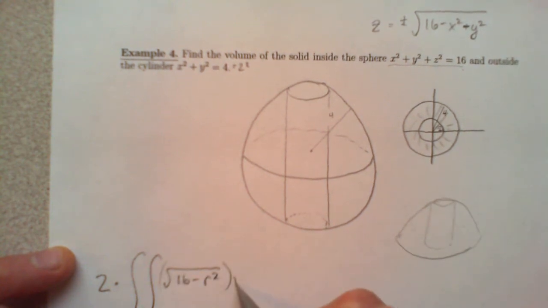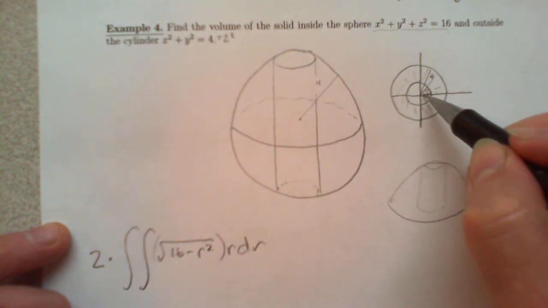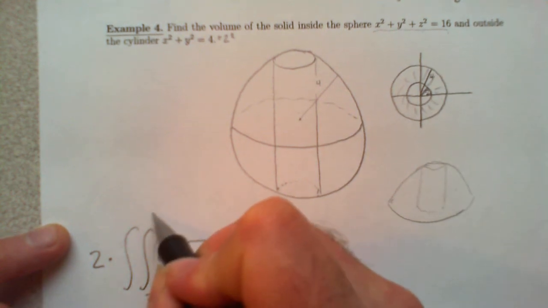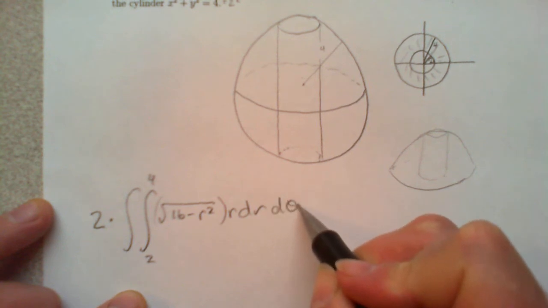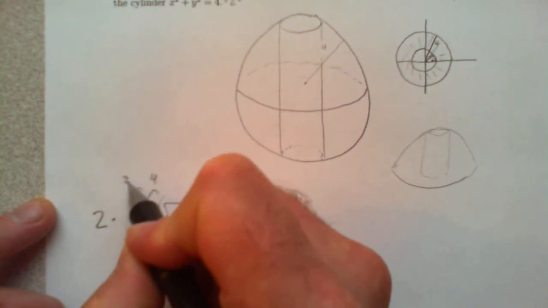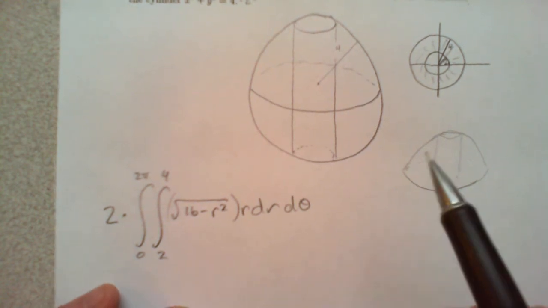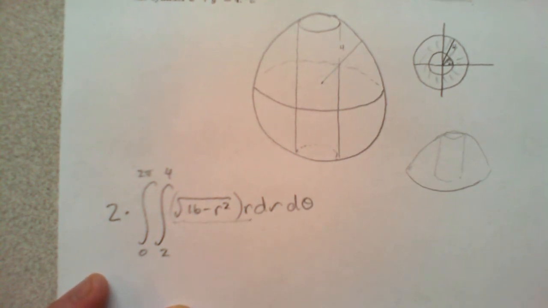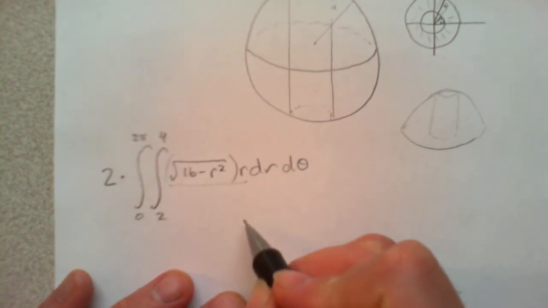That thing times r dr, with r going from 2 to 4, and theta spinning around from 0 to 2 pi. Just as in some of the earlier examples, there's no dependency on theta, so the integral with respect to theta is just the length of that segment, which is 2 pi.